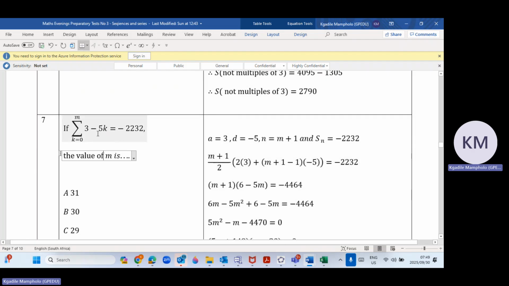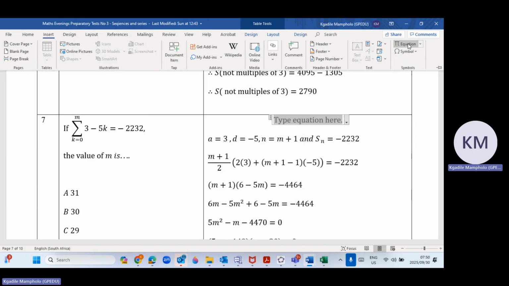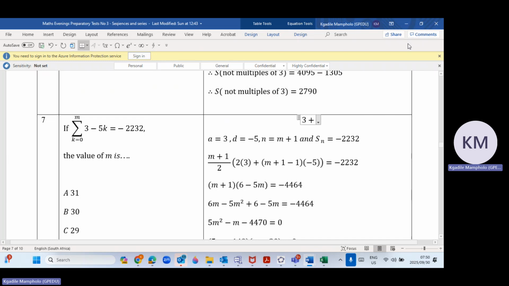Then D, always the coefficient of the variable is D, but normally I'll just encourage you to write the sequence and the series and determine D. So if K is 0, the first term will be 3. If K is 1, the second term will be 3 minus 5, which is minus 2.